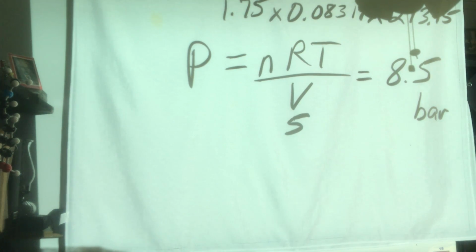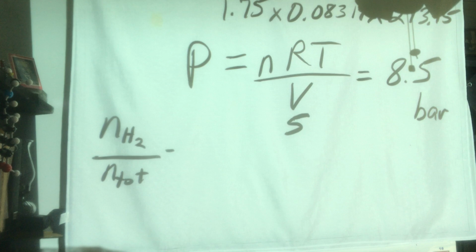The first mole fraction we'll use is the number of moles of hydrogen gas divided by the moles total will equal the partial pressure of hydrogen gas over the total pressure.